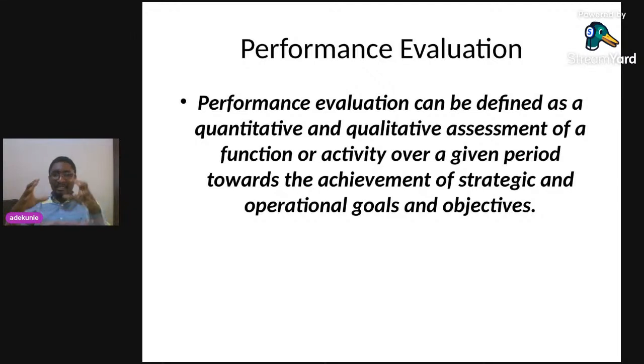You are critically assessing those activities over a given period, against your KPI, to achieve your strategic goals and get them into our pocket. So that is what performance evaluation is.